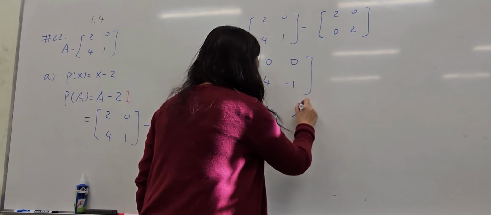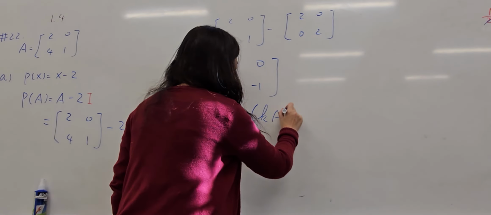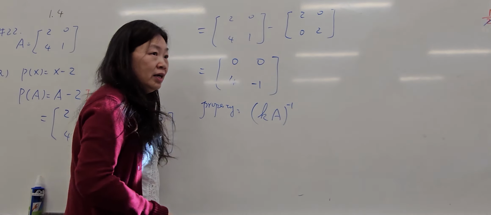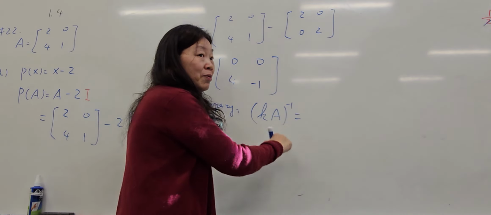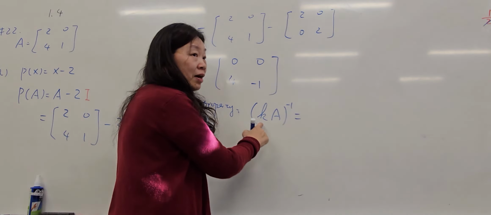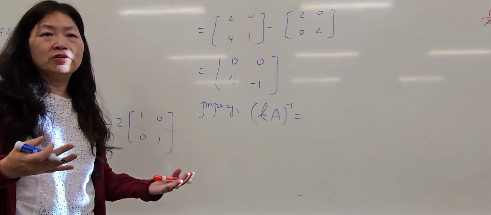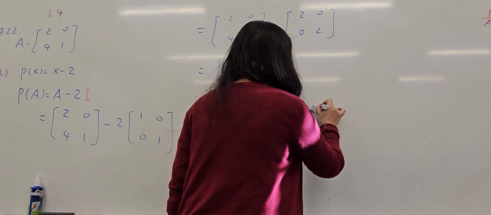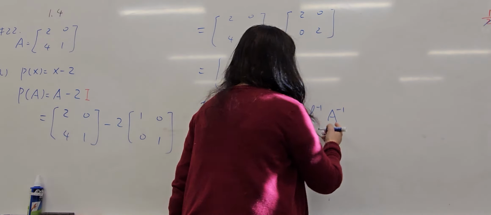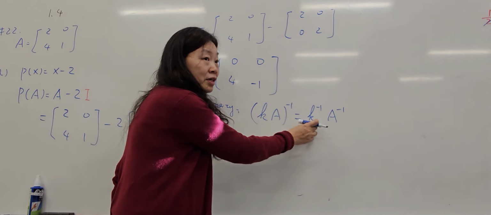If you have a number multiplied by a matrix, and you take the inverse of them, that is equal to, now this one you don't need to flip them because this is a number. k is a scalar. k stands for scalar. You can say c or k, usually those are the 2 common letters people use. This is equal to k inverse and then A inverse.